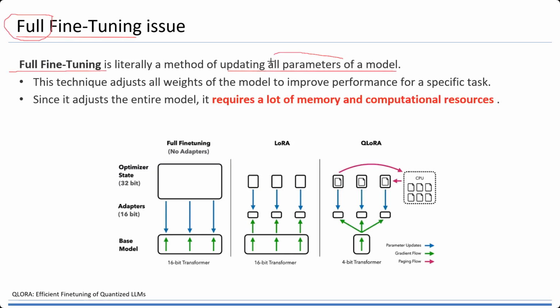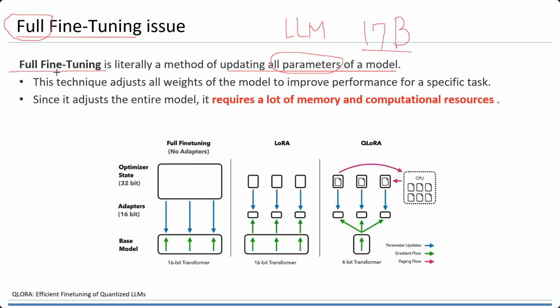If we update all the parameters, let's say you know the LLM now. In an LLM, they have like 17 billion parameters. If you have 17 billion parameters, are you going to update all of them? If you update those parameters, the computational time will be very, very high.